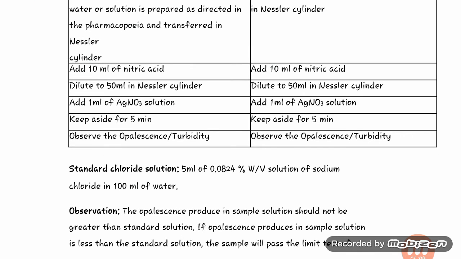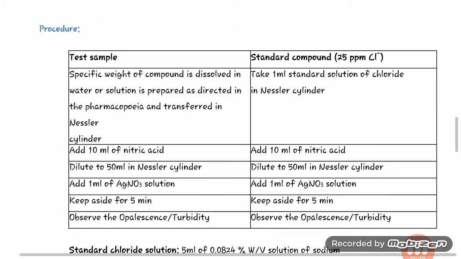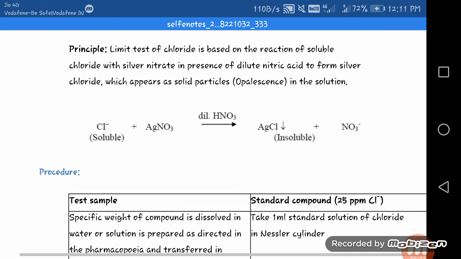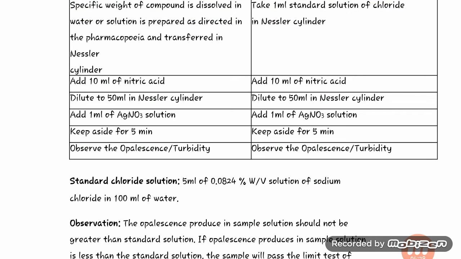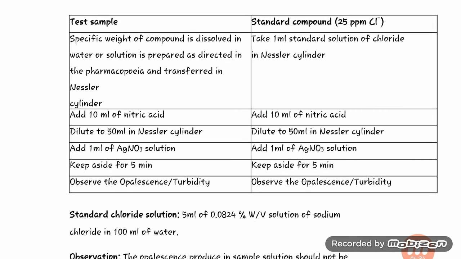Next, add 10 ml of nitric acid in that, then dilute it to 50 ml in the cylinder, then add 1 ml of silver nitrate solution, then keep aside for 5 minutes, then observe the opacity or turbidity. A turbidity is formed.